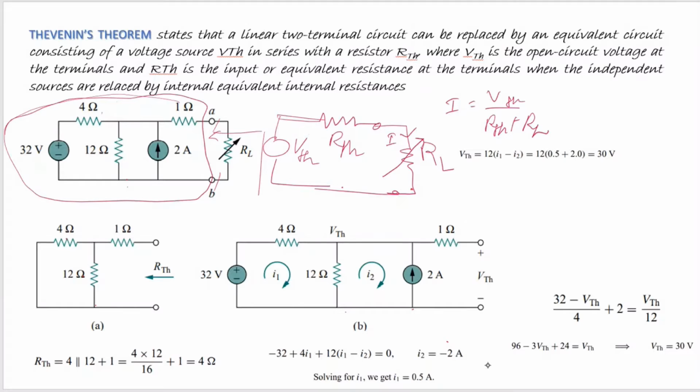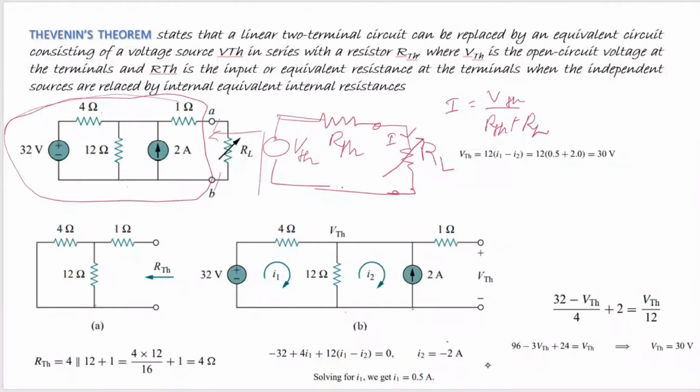Again I am explaining. If you want to calculate the current in this element, first you have to remove that element. When you remove the element, two terminals will form, A and B. Calculate the voltage across A and B and name it VTH, and calculate the equivalent resistance across A and B and name it RTH. Now connect this VTH and RTH in series, with the A and B terminals like this.